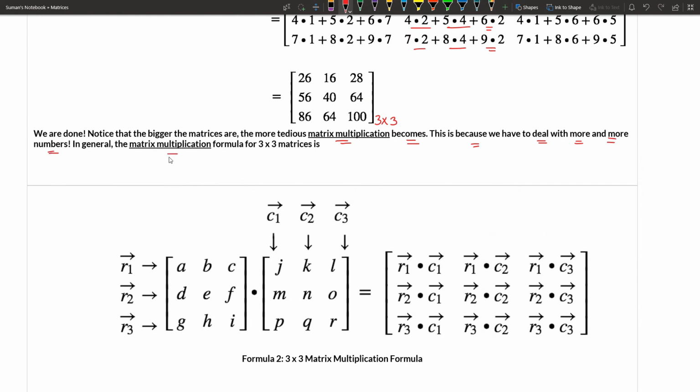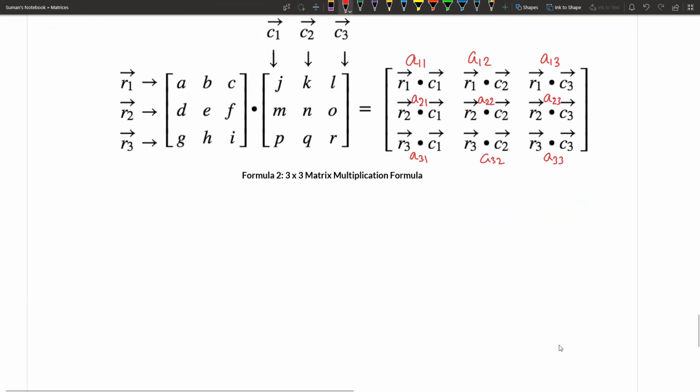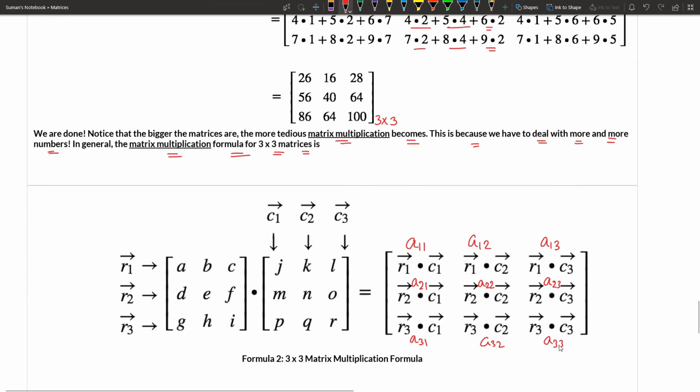So in general, the matrix multiplication formula for 3 cross 3 matrices is R1 C1, that is A11, R1 C2, that is A12, R1 C3, that is A13, then A21, A22, A23, A31, A32, and finally A33. In the next video, we will discuss the matrix multiplication of different dimensions, that means of different orders.